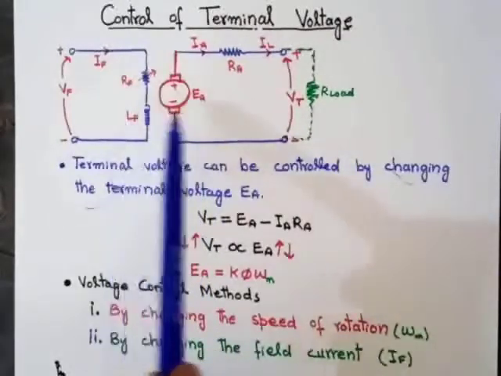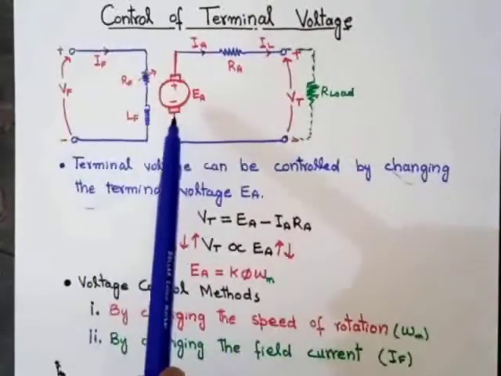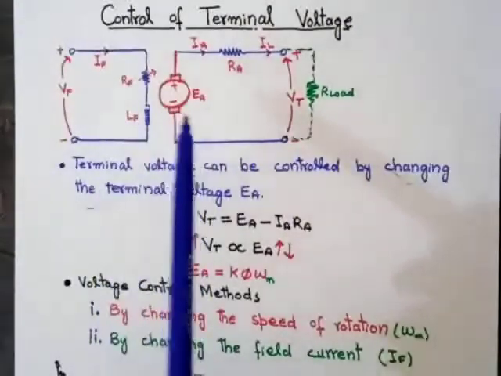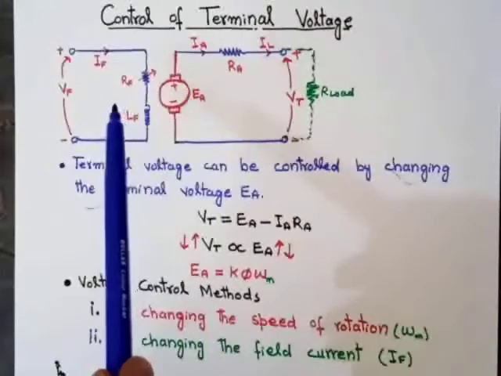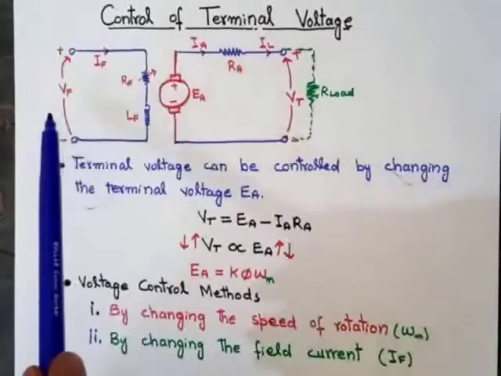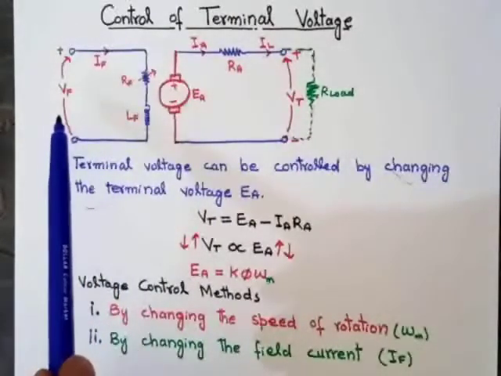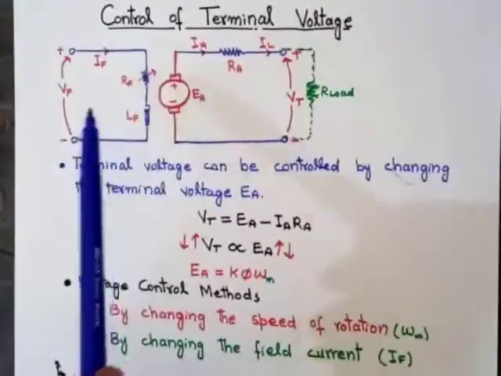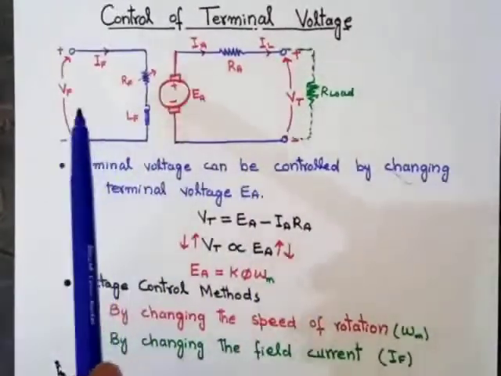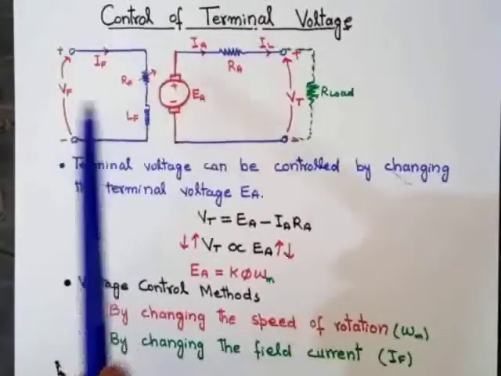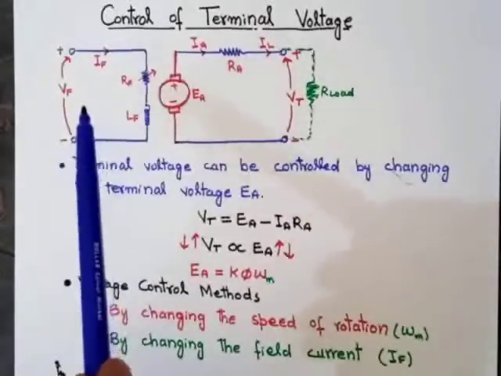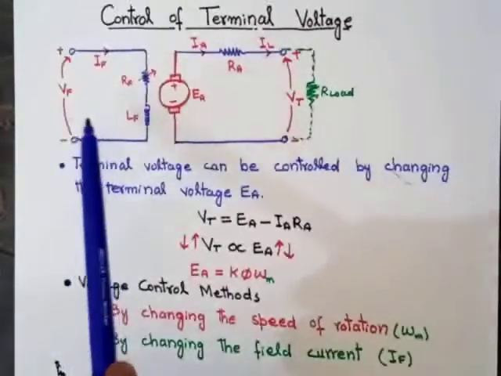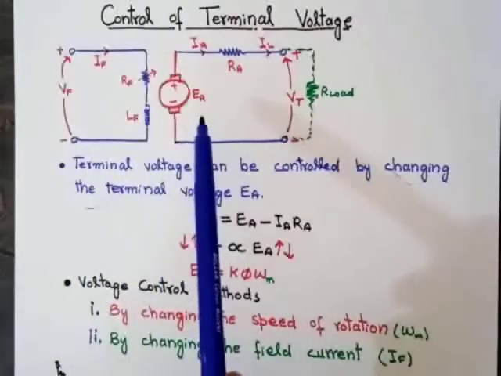As you can see in this circuit, this is the equivalent circuit of a separately excited DC generator. The voltage source across the field winding is separate. There is no connection between the armature winding and the field winding. If the voltage source across the field winding is separate, then this type of DC generator is called a separately excited DC generator.